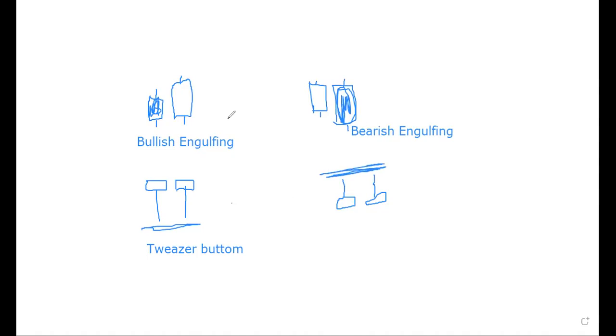So we call it a tweezer top. So let me show you how it is in our MT4. But here, one candle must be black. Here, you must have one black candle and one white candle, one red candle and one green candle. So let me show you how it is in our MT4.